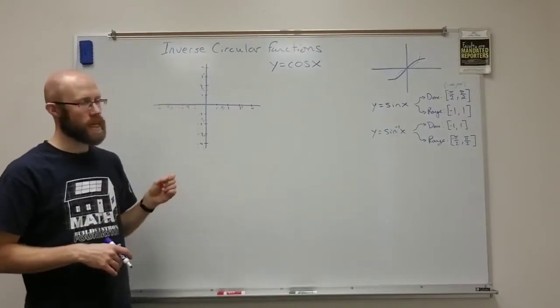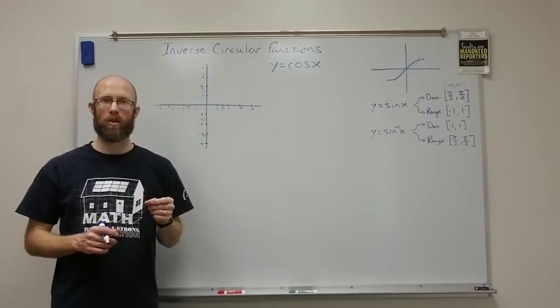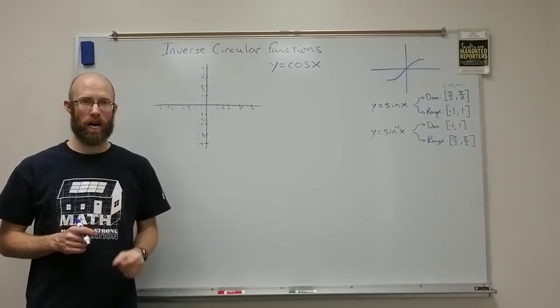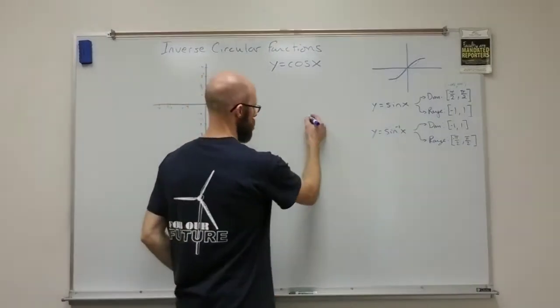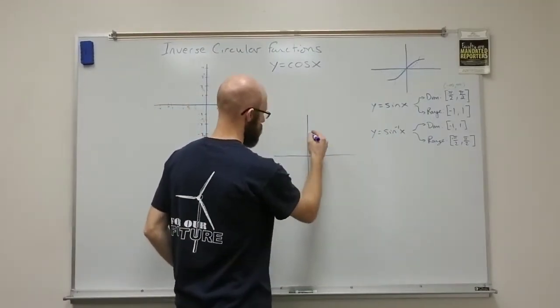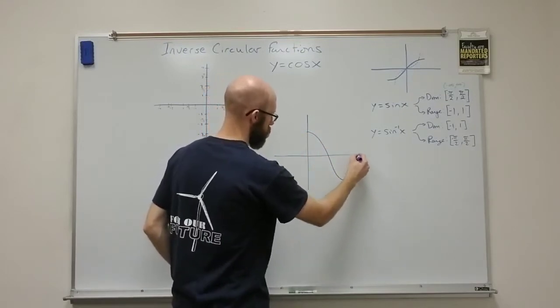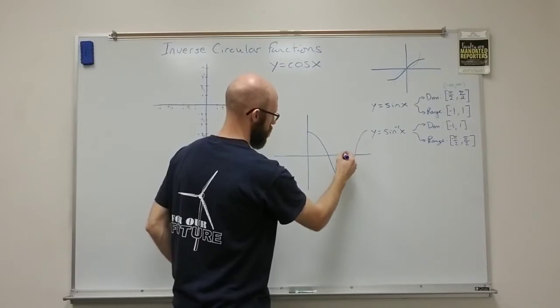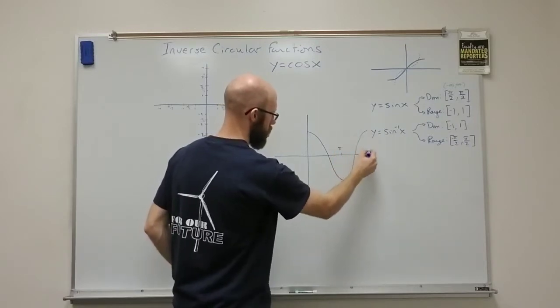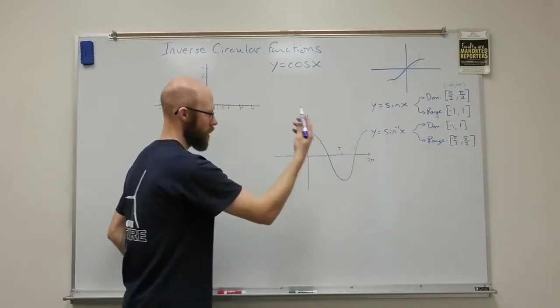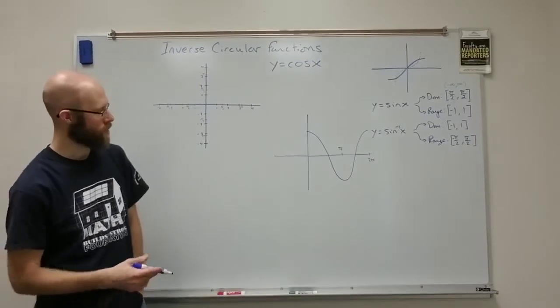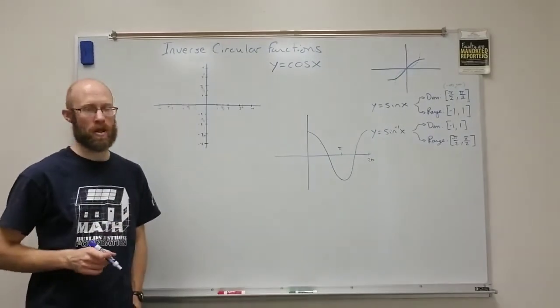And so what we need is a 1-to-1 portion of that graph. Now just a real quick sketch of the cosine. It starts up at 1, goes down to -1 and back up. This would be at pi, and then over here is 2 pi where it gets back to the top. So that's just one wavelength of the cosine.